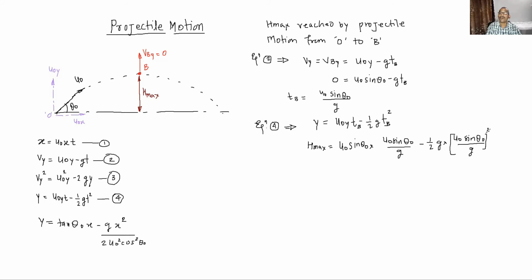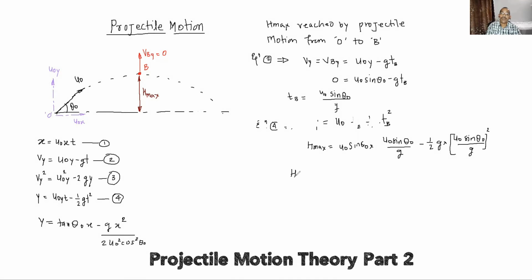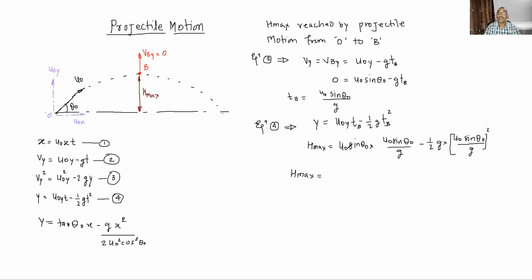Therefore, this h max comes out to be: u0 sin theta 0 into u0 sin theta 0 means u0 square sin square theta 0 upon g, and the minus term is again u0 square sin square theta 0 upon g square, but multiplied by g, so again g in the denominator. The first part is 1, the second part is half. 1 minus half is half.